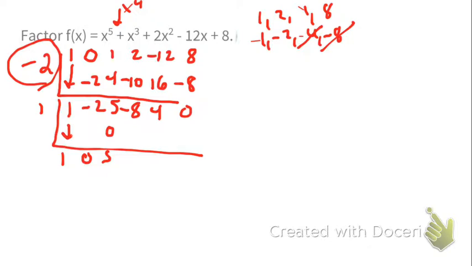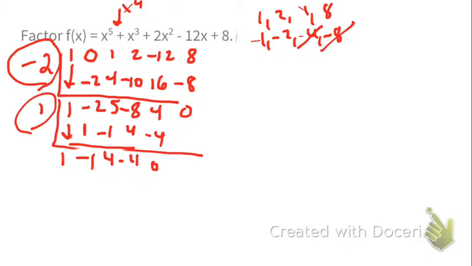It should have been a 1. So 1 times 1 is 1, and then add, and we get -1. And then multiply, and we get -1, add, we get 4, multiply, we get 4, add, we get -4, multiply, we get -4, and we get a 0.